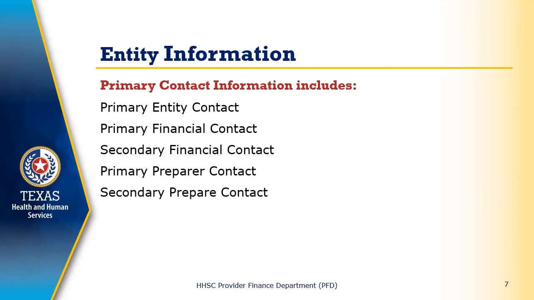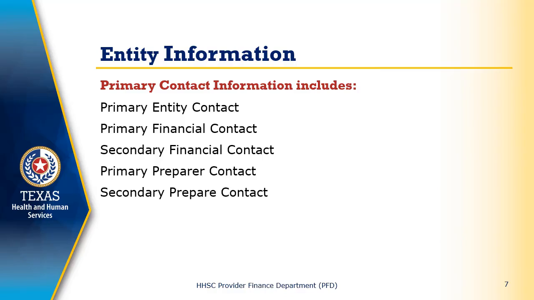Section 2 of the cost report outlines the specific requirements for designating a primary contact, financial contact, and cost report preparer, each of whom plays an essential role in the submission process. The primary entity contact, PEC, can assign primary and secondary roles to the financial contact.